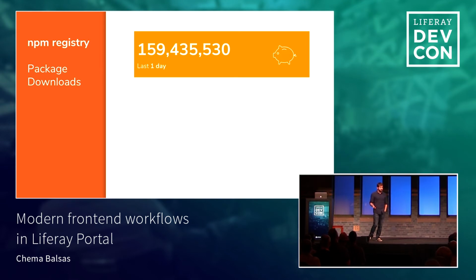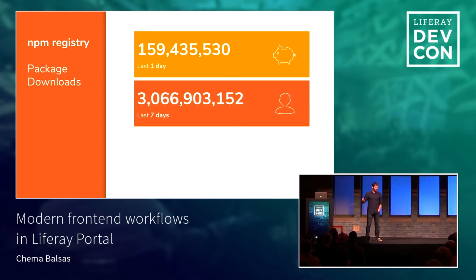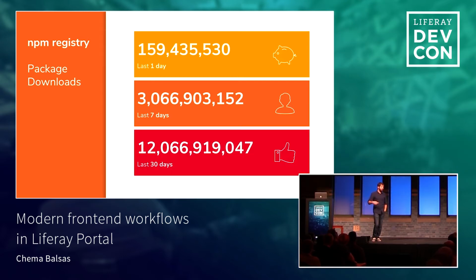So in the past 24 hours, over 150 million packages were downloaded from NPM. If you take a week, that takes 3,000 million downloads in just 7 days of development. That counts weekends as well, so you can imagine. In the past month, over 12,000 million packages were downloaded. So front-end developers out there are actually embracing modularity and expect that those modules and those packages out there are available to them so that they can simply use them any way they want.